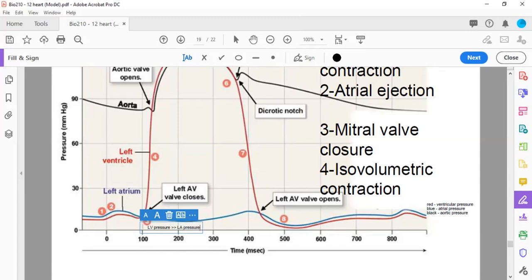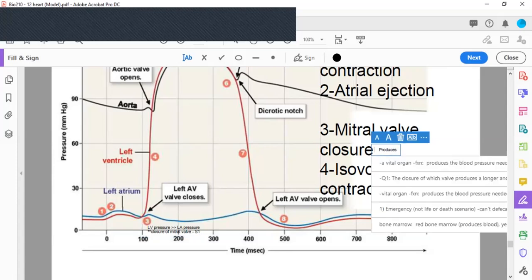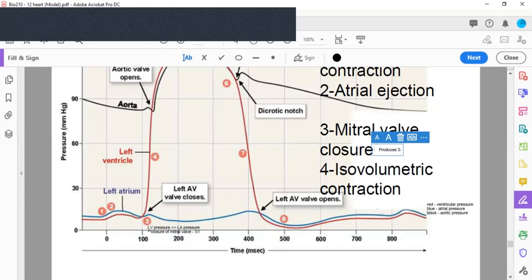And as a result of this, you have the closure of the mitral valve, which means you can hear S1. The closure of the mitral valve produces what's known as S1.